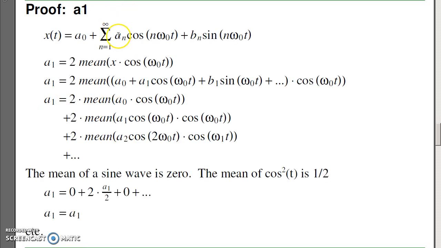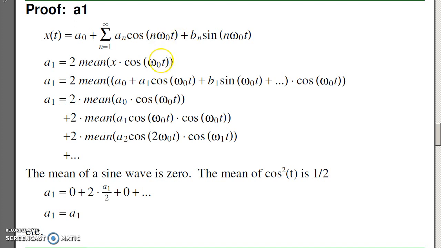To find term a1, take x of t, that's what we had before. Now take twice the average of x hit with cosine omega naught t, where n is 1. If I substitute, I'll have a0 times cosine. That average is 0. I'll have sine times cosine. All sine waves are orthogonal. The average of sine times cosine is also 0.